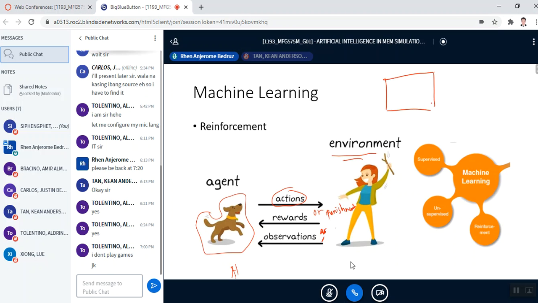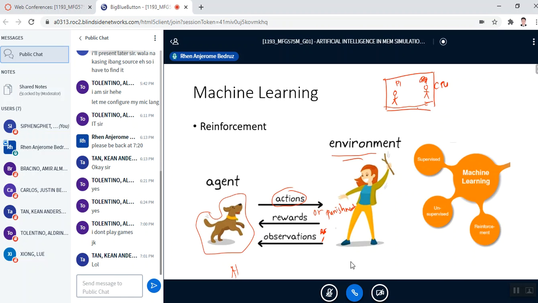So for those of you who play games, for example, this is player two. This is your computer, and this is you, player one. As a programmer, if I would program this AI, I would give certain rewards.